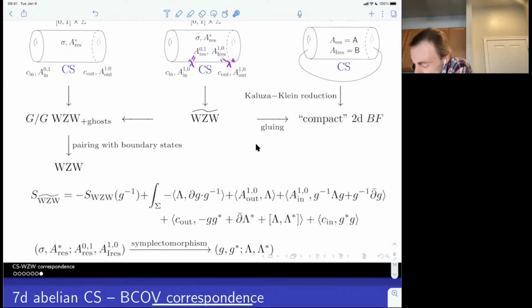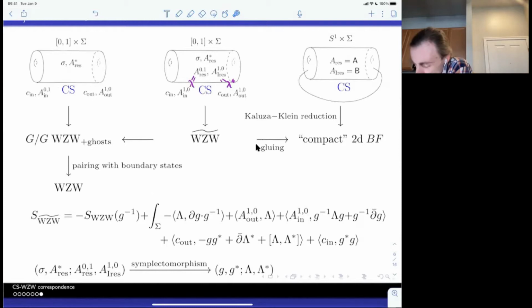And what I wanted to mention here is that there's this diagram. You can look at Chern-Simons on a cylinder with these two possible choices of boundary conditions. In one case, you get this coset WZW with ghosts, which gives you an interesting master equation.